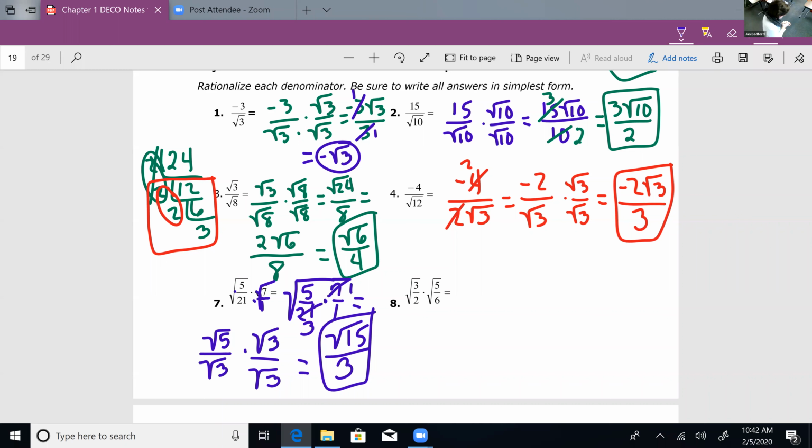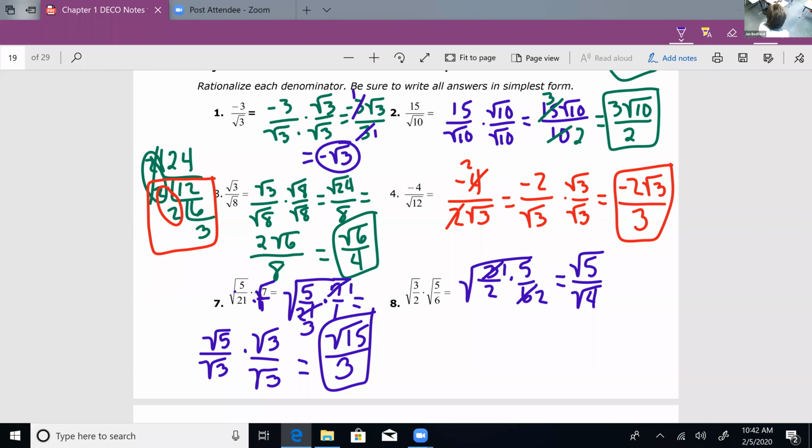Do you notice anything we might want to do on 8? If I do the same thing here, put it under one radical, I've got 3 over 2 times 5 over 6. You said we can reduce the 3 and the 6, right? 3 goes in there once, 3 goes into 6 twice, and now it looks like the square root of 5 on top over the square root of 4 on bottom.